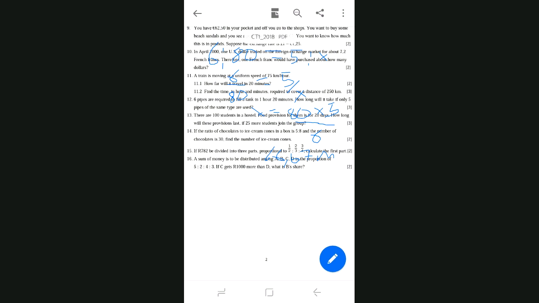If you are filling buckets of water in your own house, one room you have 10 buckets, the other room you have 5 buckets. Which one are you going to finish faster? 5. Yes, so the one with the smaller number will have the smaller time.